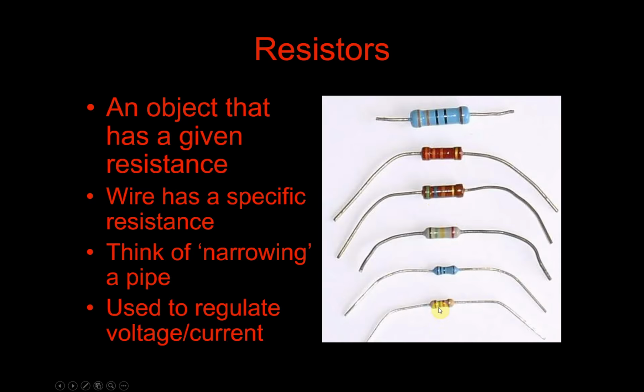These colors all represent numbers and tolerances for our specific resistors. Now that's more of an electrical engineering task and something you would see in a lab, but you can follow that chart and you could figure out the specific resistances here, and you could put the right ones into your circuit and using various combinations come to the resistance that you want, which is what we're going to study here.